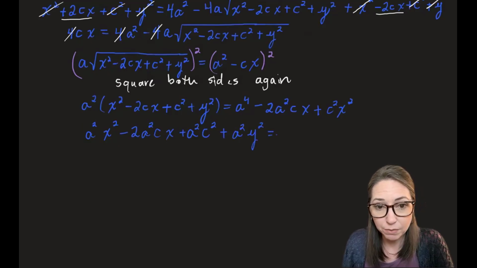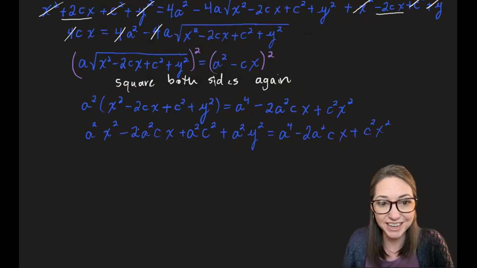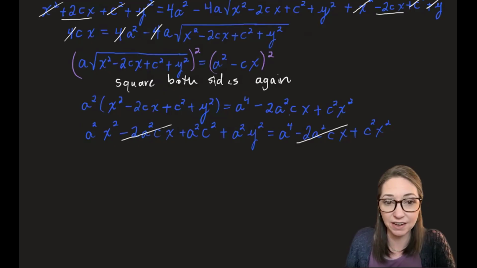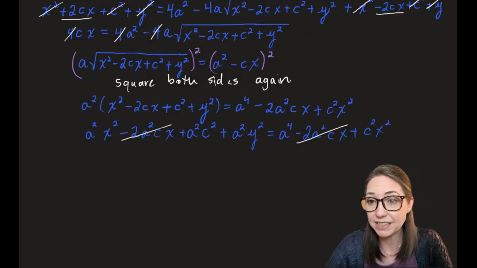And then on the right, I'm just going to recopy what we have there. So a to the fourth minus 2a squared cx plus c squared x squared. And at least one thing cancels here, right? This negative 2a squared cx and negative 2a squared cx on both sides. If we just add that, it goes away. Okay, and this is really starting to clean up nicely.